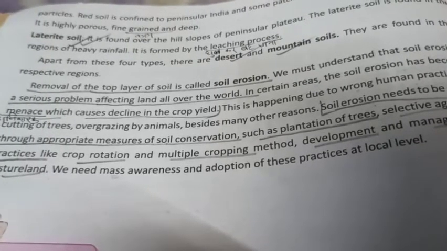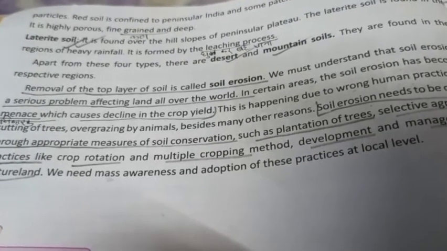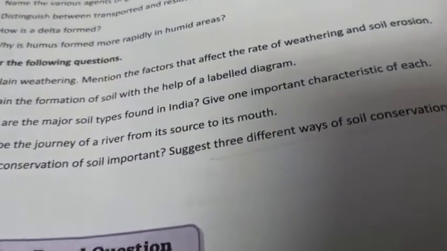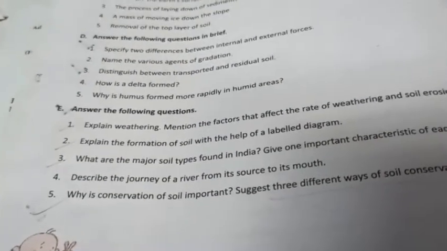We need mass awareness and adoption of these practices at the local level. So these are the main suggestions for soil conservation. In this chapter we have revised up to column E.